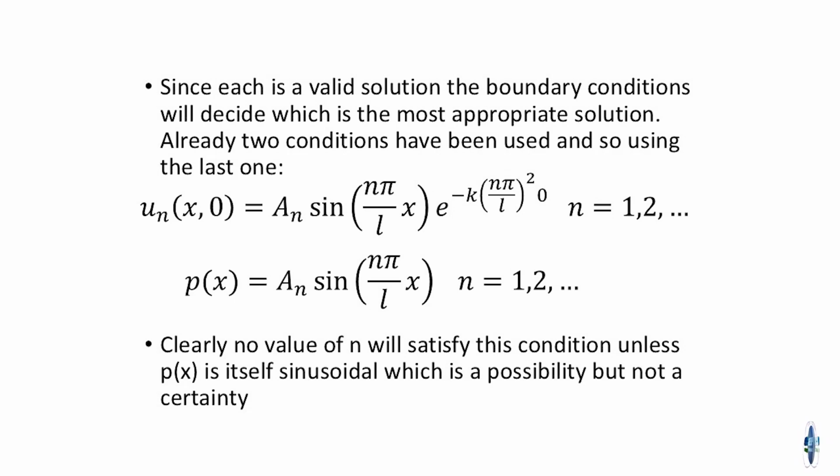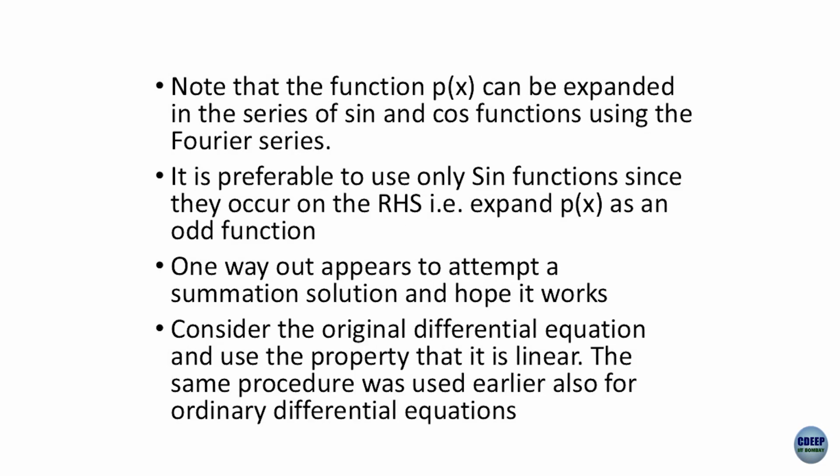So, but since you already have exposure to the Fourier series, you say that Px can be represented in terms of sines, and we have seen that you can brute force make that Px into an odd function, and you can represent that as a series of sines. And on the right hand side you have got something else.